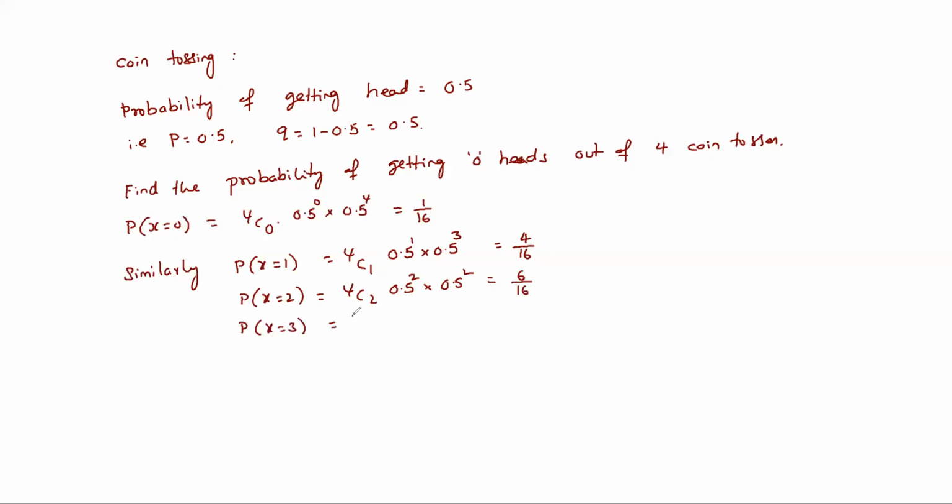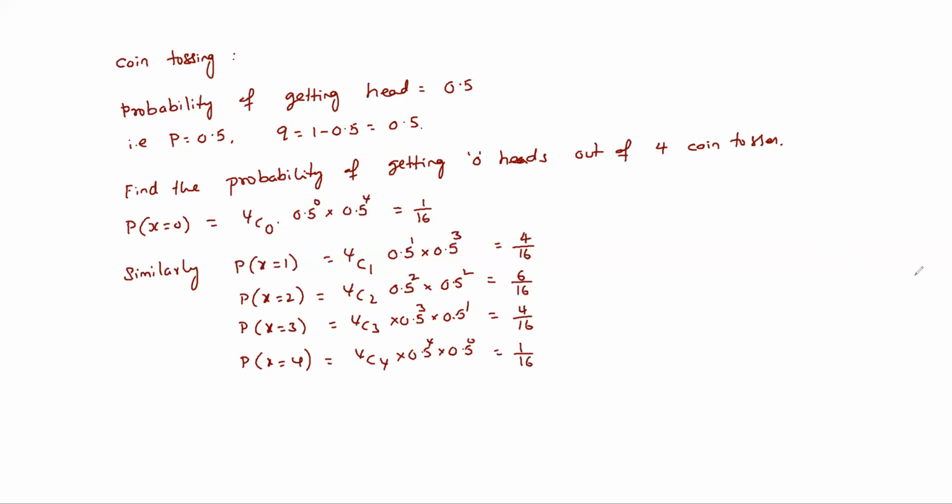X equal to 3, 4C3 equal to 4, so 4 by 16. X equal to 4, 4C4 into 0.5 to the power of 4 into 0.5 to the power of 0, that is 1 by 16.